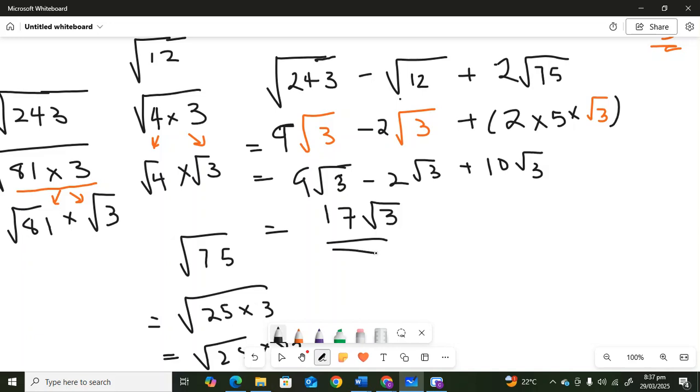So that's the answer: 17 square root 3. Any questions?